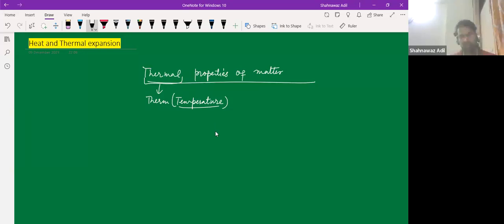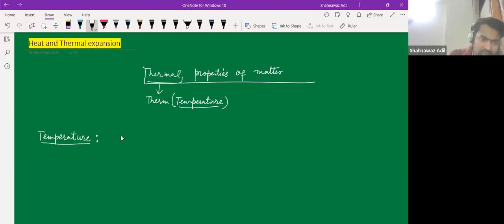So let us first understand about temperature. We already know that some objects can be hot, and some cold, so there would be hot water and there would be cold water. So this is a relative thing, right?